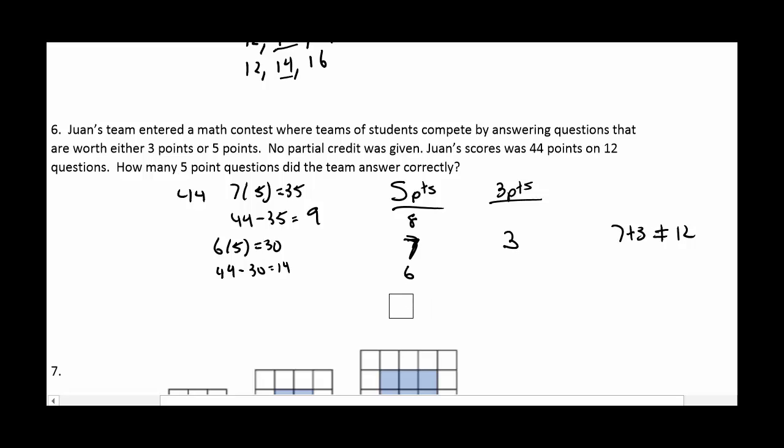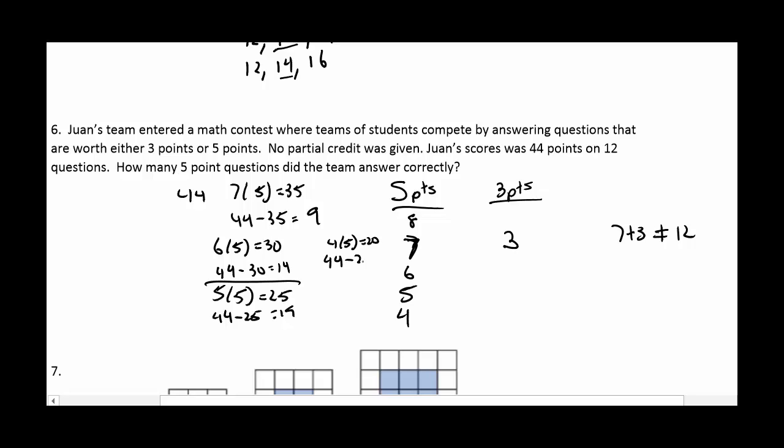Let's try 5 questions. So 5 times 5 is 25. And 44 minus 25 is, what is that? It's 19. Okay, so that's not enough. Let's try 4. So 4 times 5 is 20.